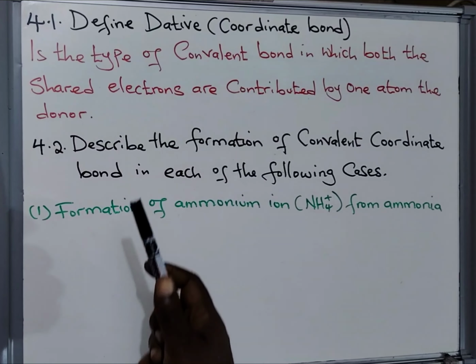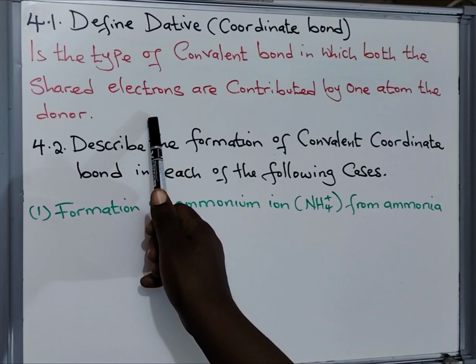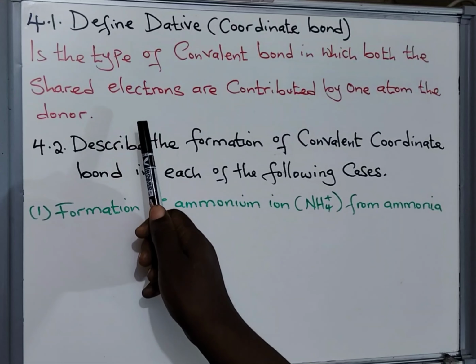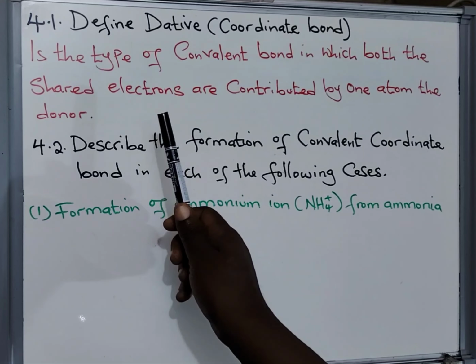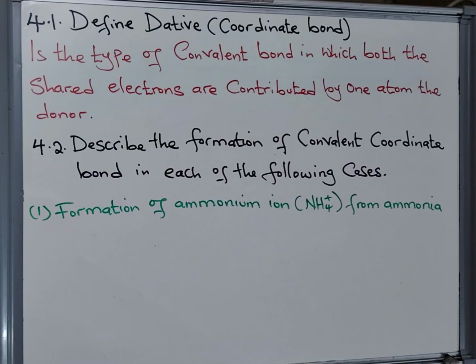Before I go to the next question, I need to emphasize here that if you have been taking note, in all the covalent bonds we have discussed so far, the shared pair of electrons was contributed by both bonding partners, one atom contributing one and the other one contributing the other.